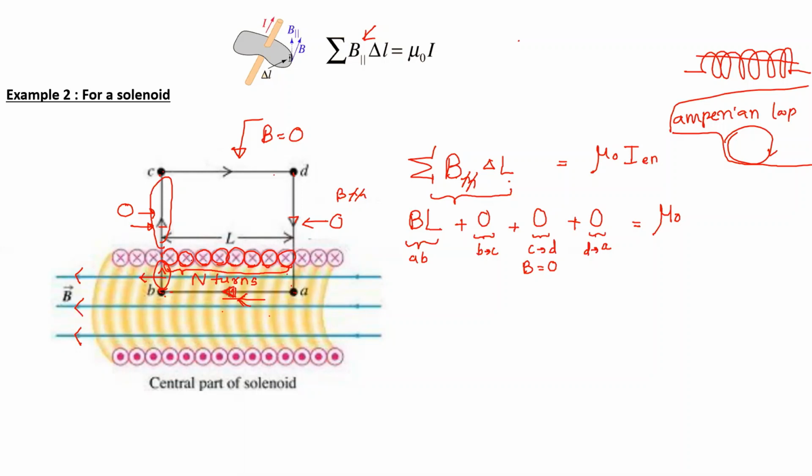So actually there are 1, 2, 3, 4, 5, 6, 7, 8. Assume that there are n turns. So the total current inside it is n times I, right? Each turn carries I current. So n times I is the total enclosed current.